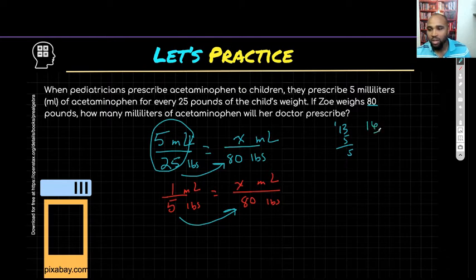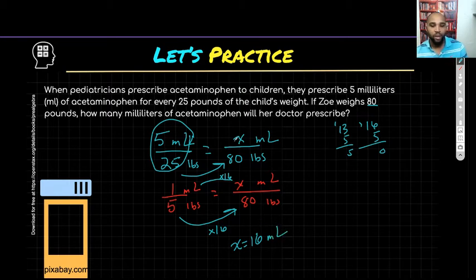So 16 times 5. Yeah, that'd be 16. So I know I'm multiplying by 16 down here. And since this is proportional, guess what up top is going to need to happen? Multiply by 16. So my x, 1 times 16, is going to be 16. So what's the answer? She's going to need 16 milliliters.